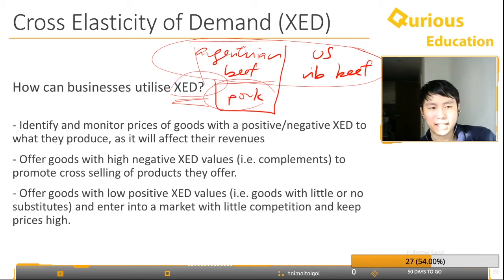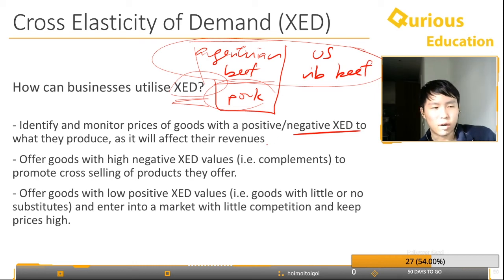So companies would tend to identify products with negative XED to sell together because they would be complements, like printers and printer ink. Companies would like to sell products that work together to increase their revenue, because if you buy one thing, you would buy another.